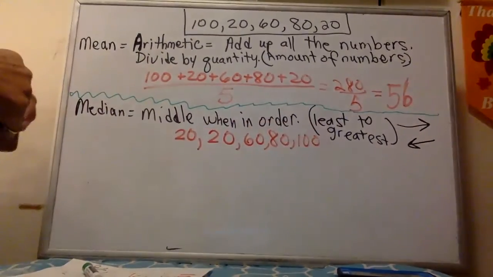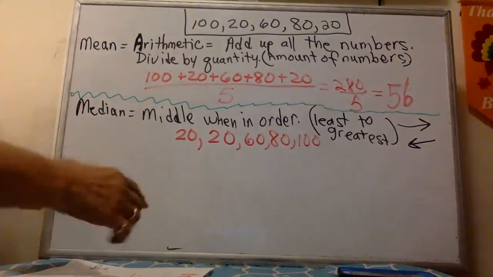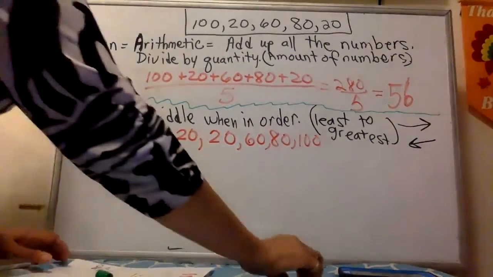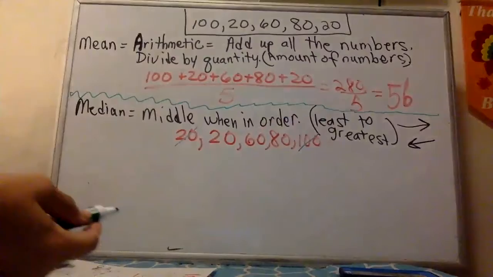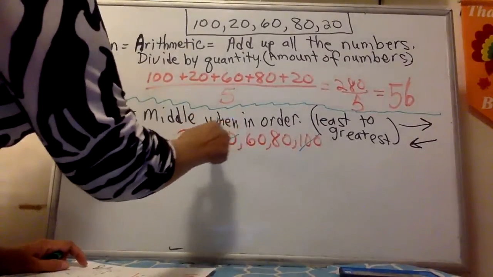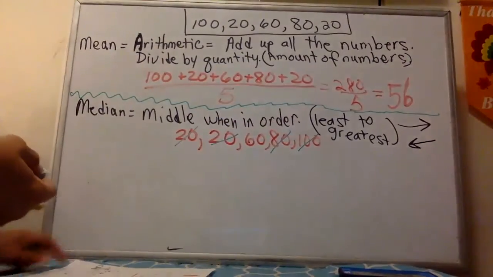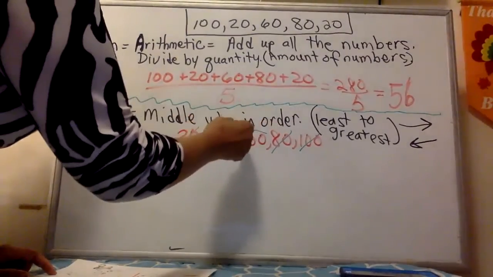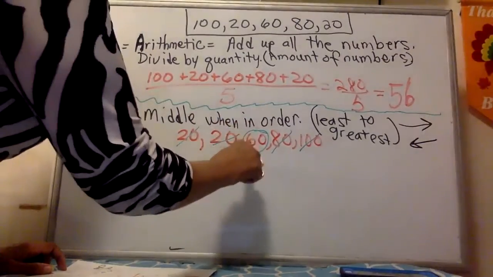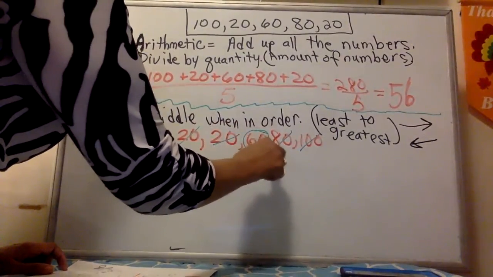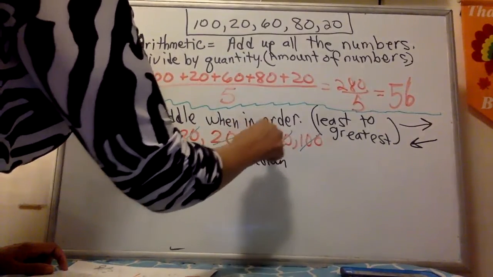And one way to find the middle is just to cross out on each end. So we cross out the end number and the end number, and then we go in again and cross out the end and the next. And in this case, we're left with 60 in the middle for the median. So the median is 60.